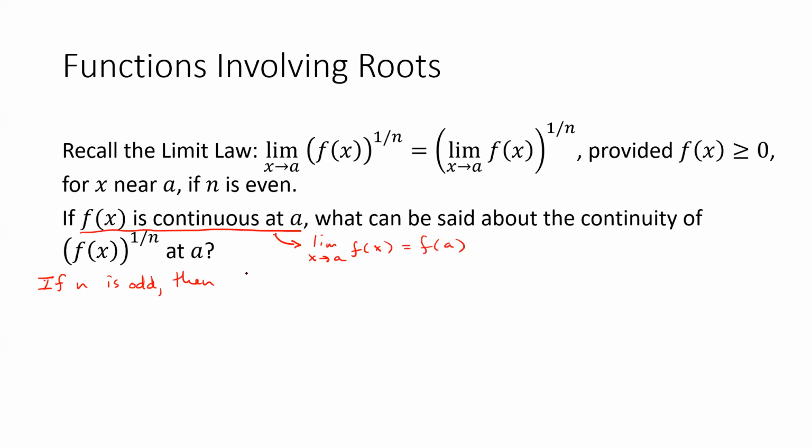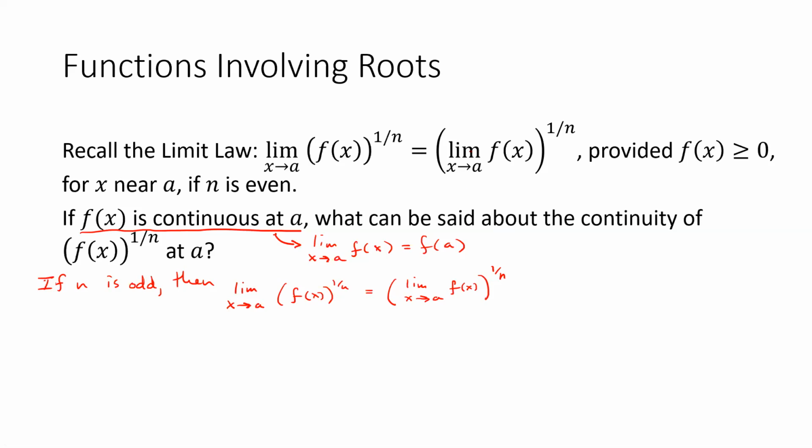So if that's true, and if n is odd, then the limit as x approaches a of f of x to the 1 over n is equal to... oops, not there, 1 over n.